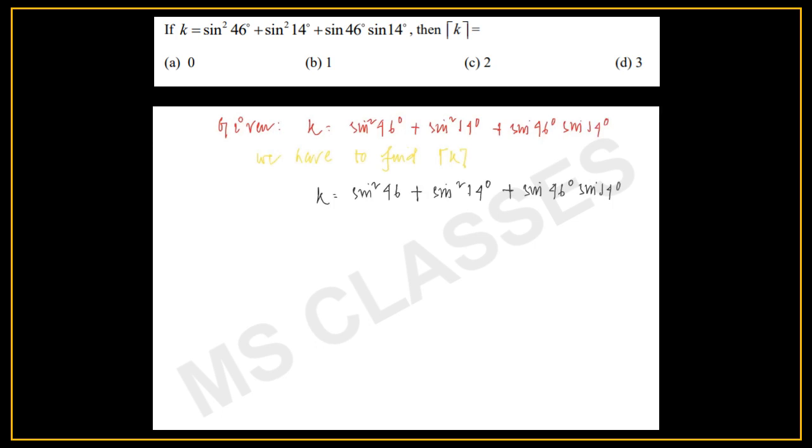Now here we can think of this as A, this as B, this is A, this is B. So if we correlate here, sine square A plus sine square B plus sine A sine B, where A plus B equals 60 degree. So automatically the value of the expression will be 3 by 4. Now here we are trying to find ceiling of k, which will be equal.